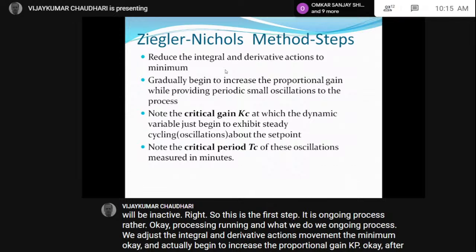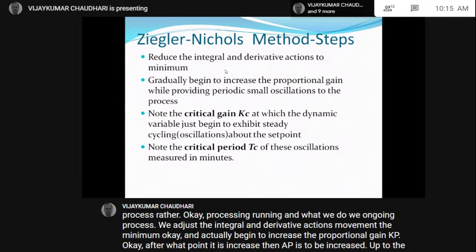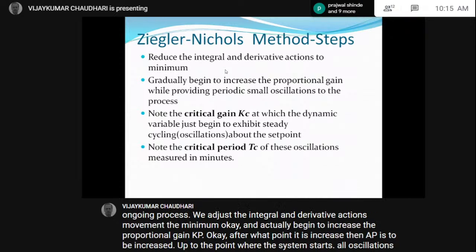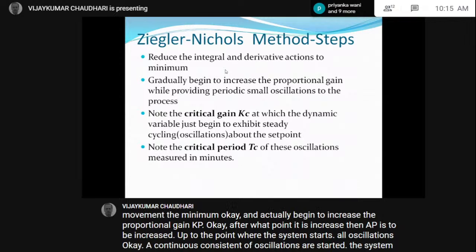Kp is to be increased up to the point where the system starts small, continuous, consistent oscillations. The system begins to oscillate with a small period.